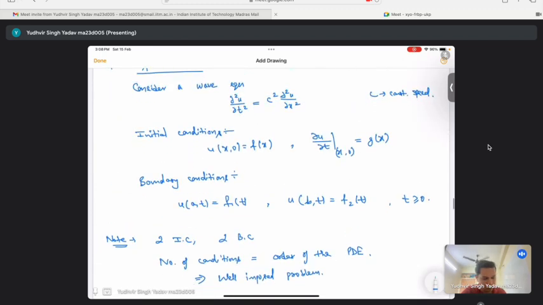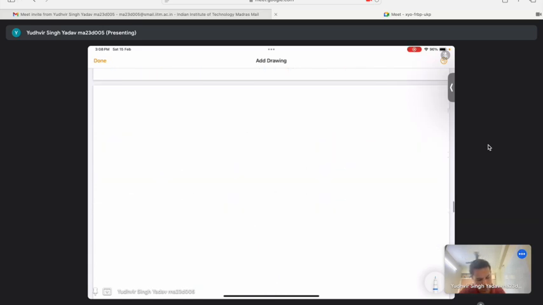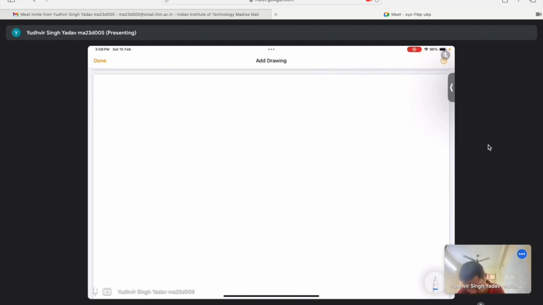Now we will see how to develop a finite difference scheme in order to solve this numerically. Analytically, this can also be solved, but in the case of a more complex problem or complex values, it is preferable to solve it numerically. So we will construct a scheme for this hyperbolic PDE.